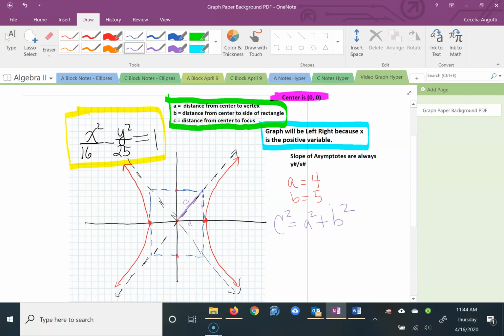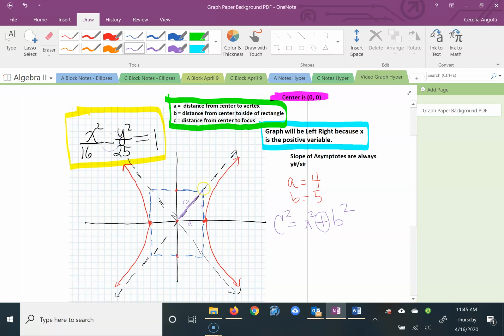Remember I told you way back when we looked at ellipses, the hyperbola equation has a minus, but this relationship has a plus. In ellipses, the equation has a plus and the relationship has a minus.